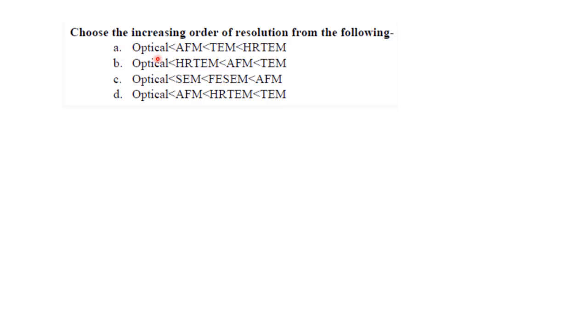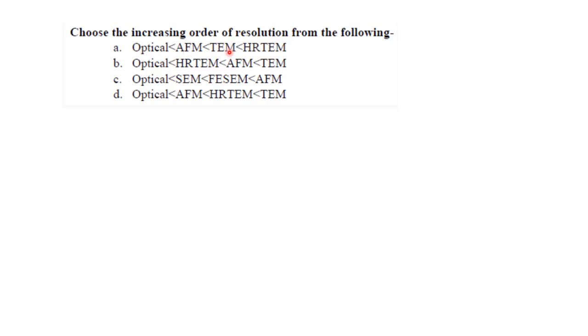I'll explain how. The first one is the optical one, which is having least resolution because of the limit of lambda by 2. Then we have AFM. AFM will be having higher resolution than optical, but lesser than the electron one, because in this we will be able to see from around 10 nanometers or so in the AFM.